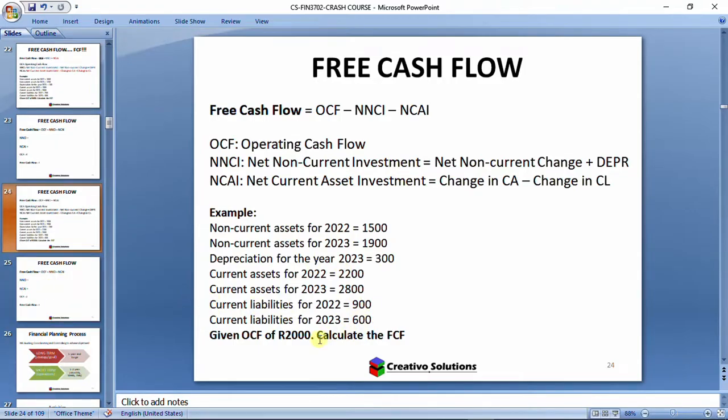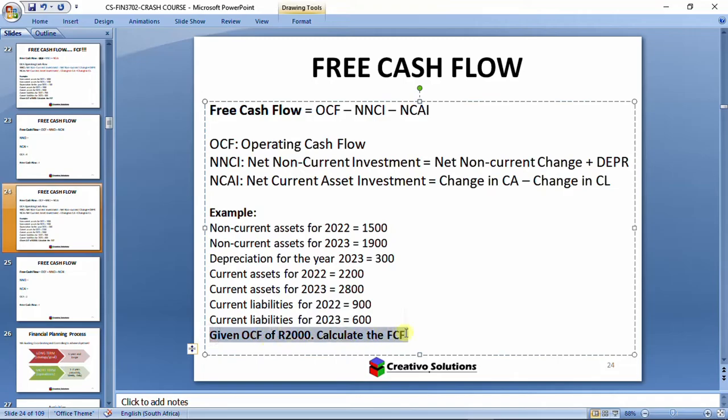As soon as you're done, let me know, and then I'll reveal it and we can check if you've got the right FCF. Go through the process, work out your non-current investment, work out your current asset investment, and then see what the actual free cash flow is based on your OCF.